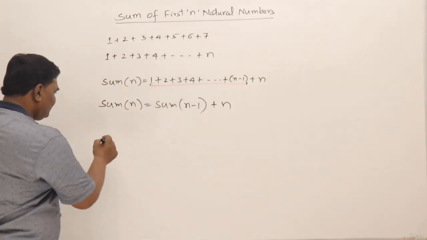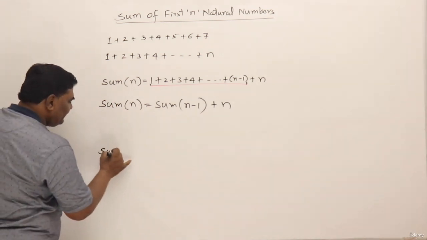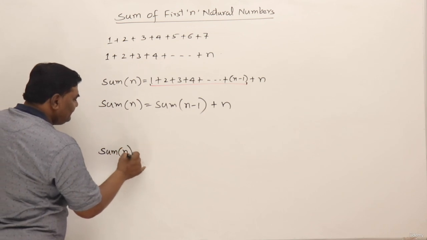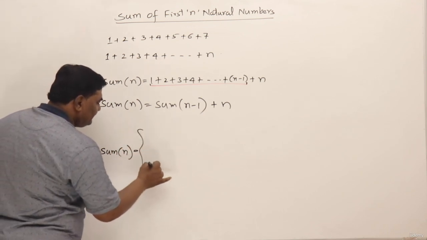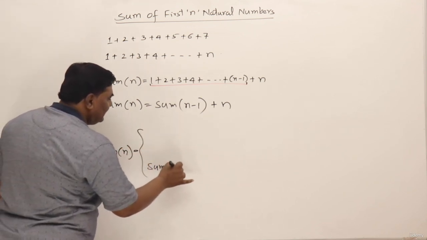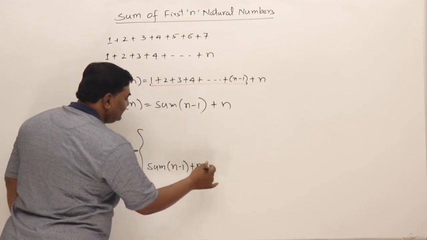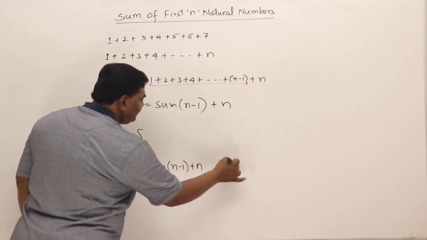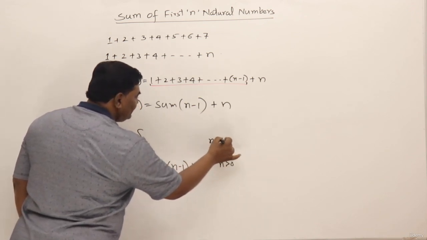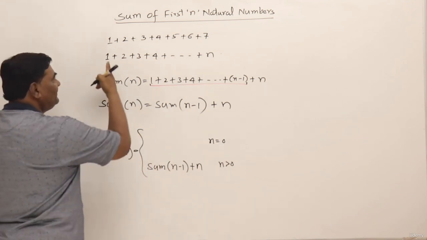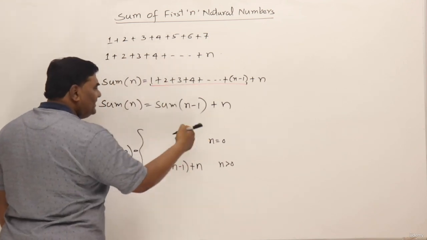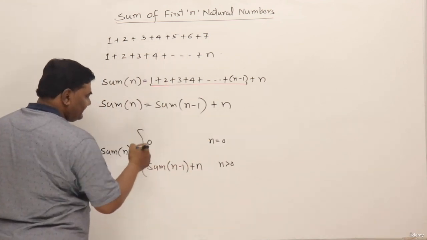Now I can write it like this. Sum of n terms can be defined as sum of n minus 1 plus n, if n is greater than 0. If n is equal to 0, then it's not a natural number. Natural numbers start from 1 onward. So n is 0, let us say the answer is 0.